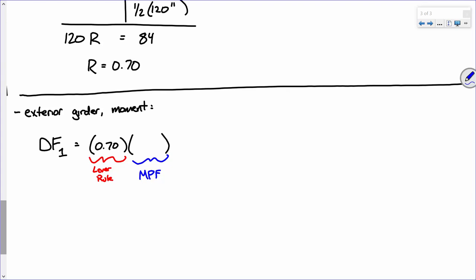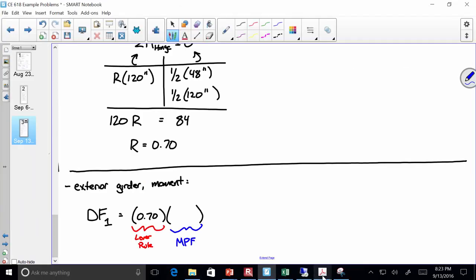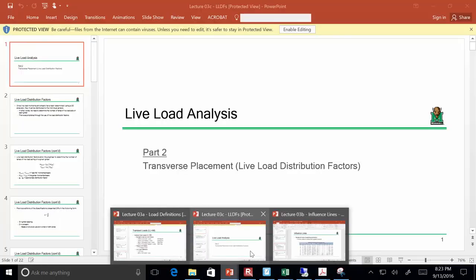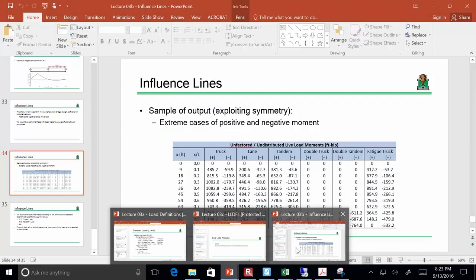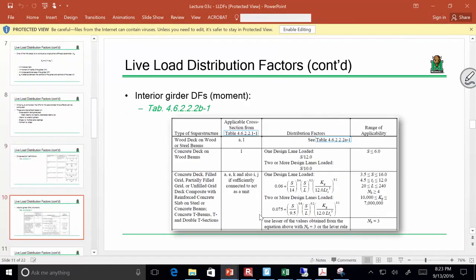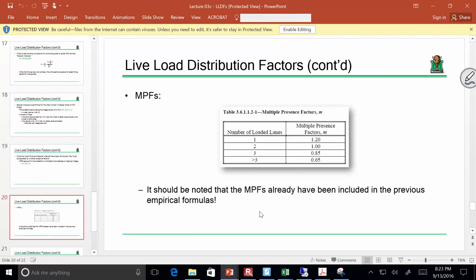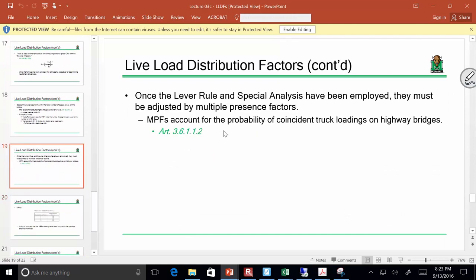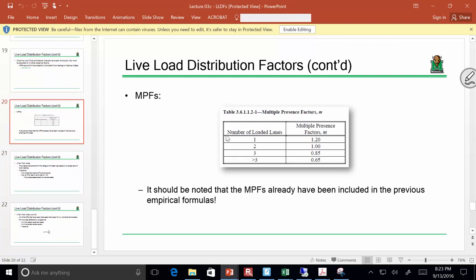All right, everybody caught up? Now this is where, unfortunately, hopping back and forth between different sections of the code, I know it sort of happens. You got to get used to it. Okay, going back to this presentation. Remember, multipresence factors are intended to account for those coincident loadings. And if you've got one lane loaded scenarios, we up our multipresence by 20%.